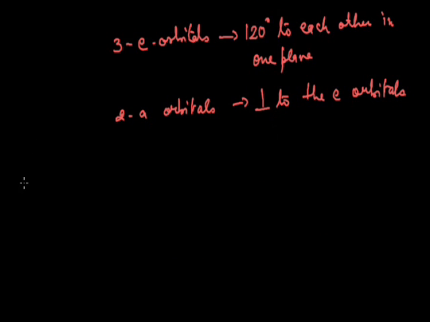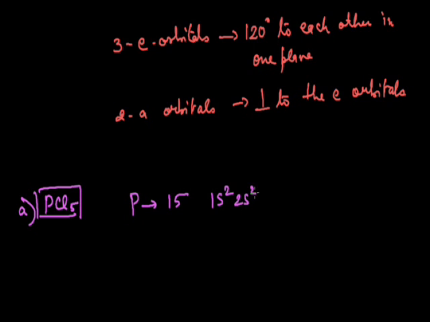Let us understand this hybridization by taking the example of, say, PCl5 molecule. Phosphorus, having atomic number 15, has the configuration 1s2, 2s2, 2p6, 3s2, 3p3.